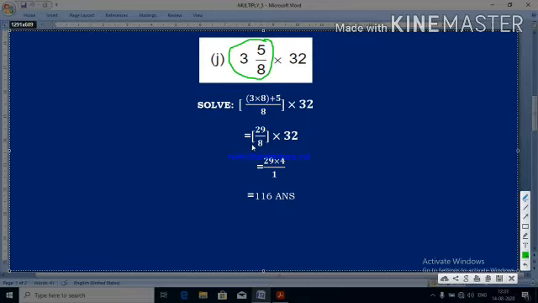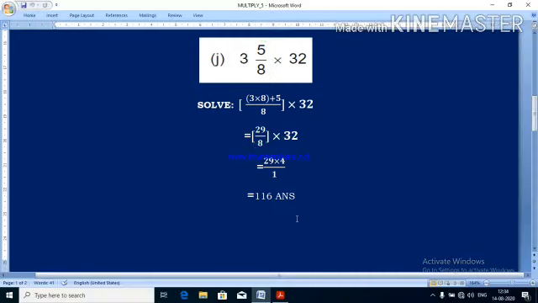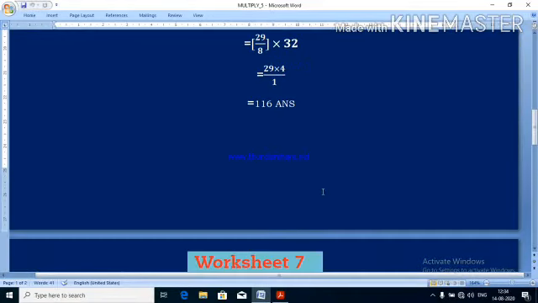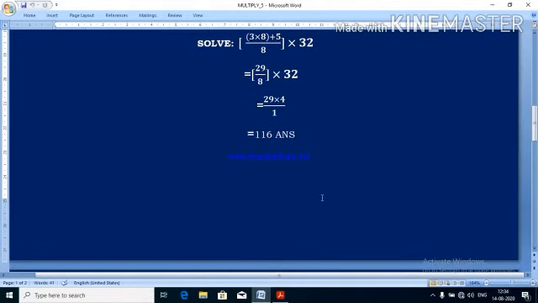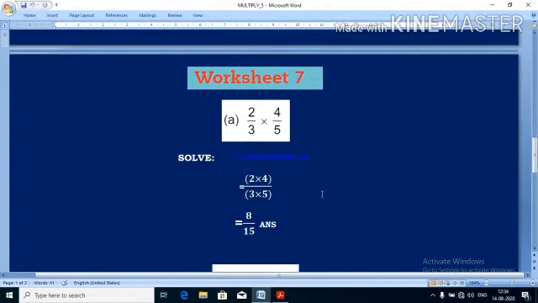In this question 8 is the common factor, 8 1s are 8 and 4 8s are 32. So 29 into 4 by 1 is equal to 116 as the answer. Okay, so you have to do the same as in worksheet 6.